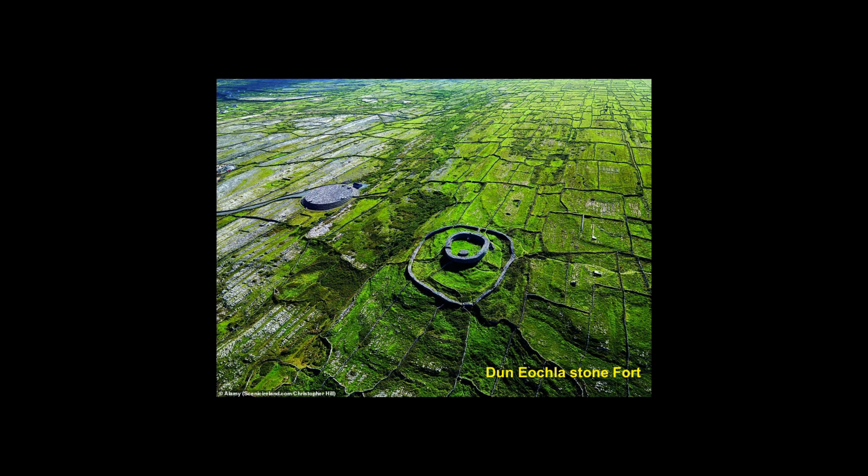So this is a ring fort, or so-called ring fort, again with stone walls coming out of it, just a wall with walls, and we're meant to believe that this is a legit fort. So I think this is just a false historical artifact.